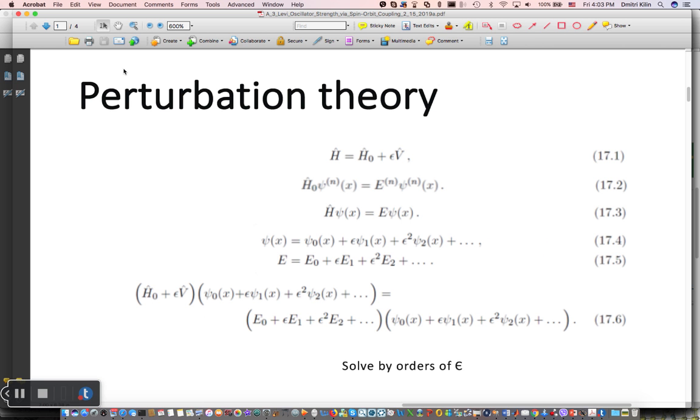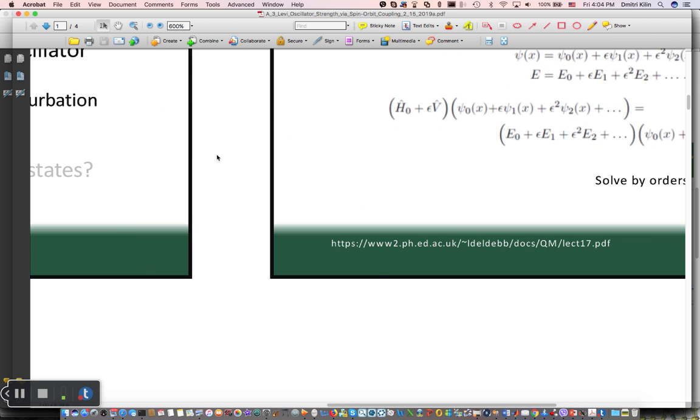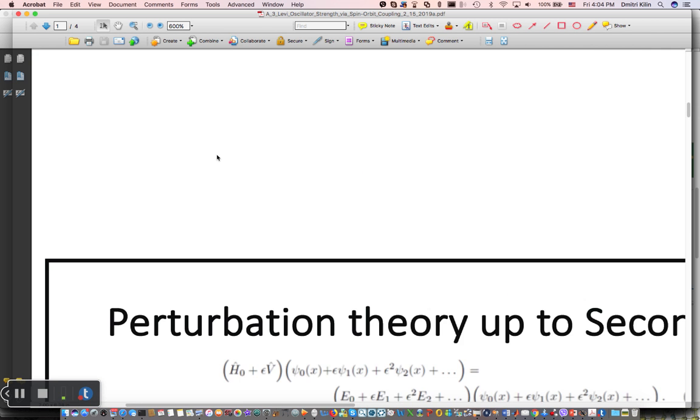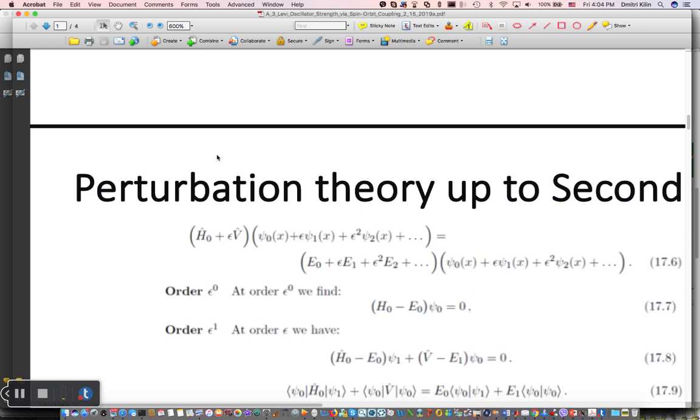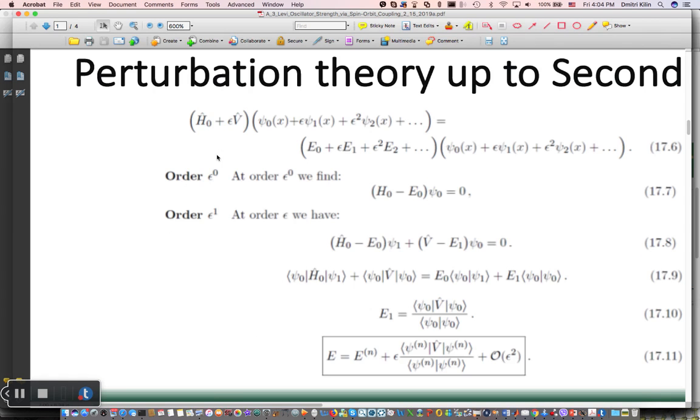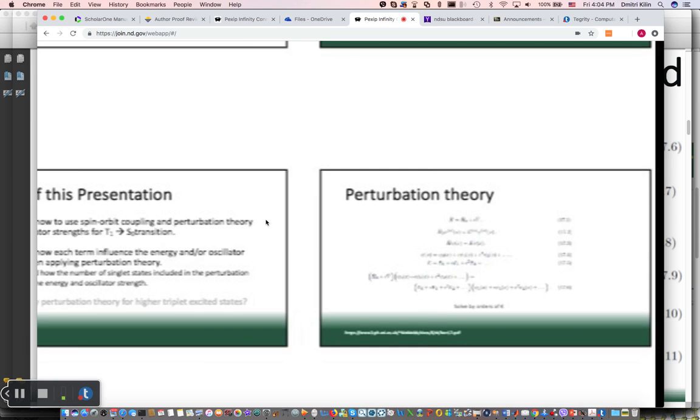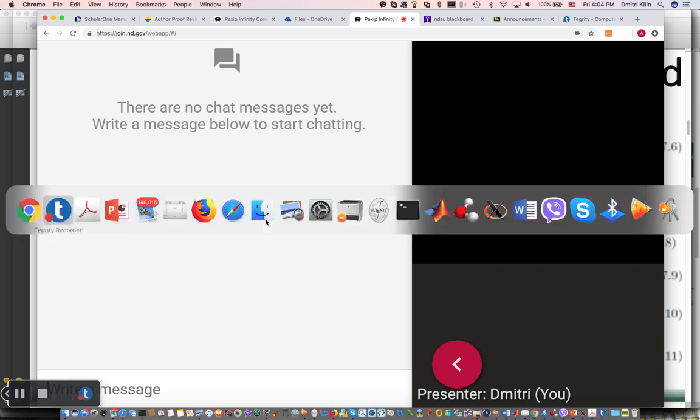When you plug that all in, you get 17.6 here. I know this is super complex. The nice thing is we can solve 17.6 in orders of epsilon, which we can look at on the next slide. So here's 17.6 again. If we look at epsilon raised to 0, that's this term and this term, right? And then the wave functions. It's the standard Schrodinger equation, which Gaussian can solve, or whatever program we need.